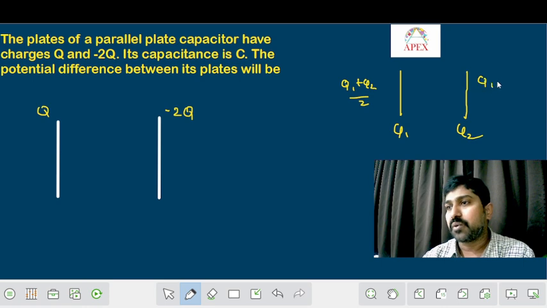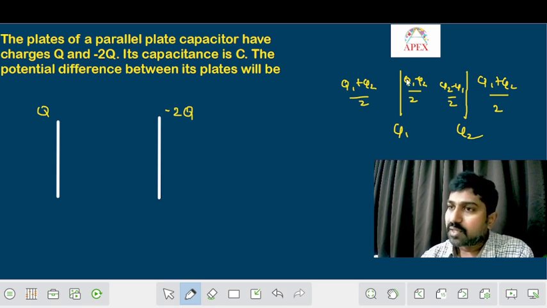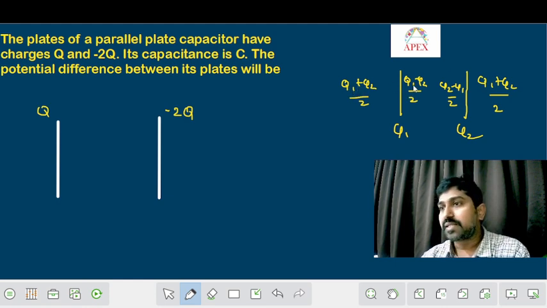Of course, on both the outer surfaces charge will be (q1 plus q2) by 2. And on the inner surface the charge becomes (q1 minus q2) by 2 here and (q2 minus q1) by 2. Due to induction the charges will get separated like this. And see here, what is the total charge on this particular surface then? On the first one, total charge means sum of these two, outer surface plus inner surface. The sum will be q1 again. Here if you take the sum of these two, that will again become q2.